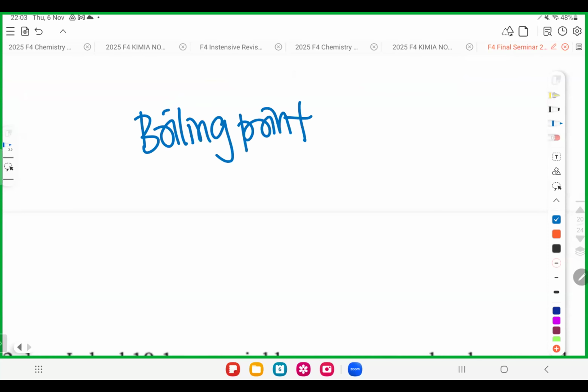What would you write in your answer? Guys, come on. What would be your answer? Let me know the answer in the chat box. What is the definition of boiling point? What is the answer that you should write?